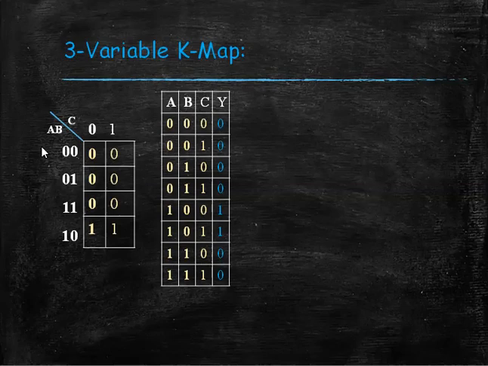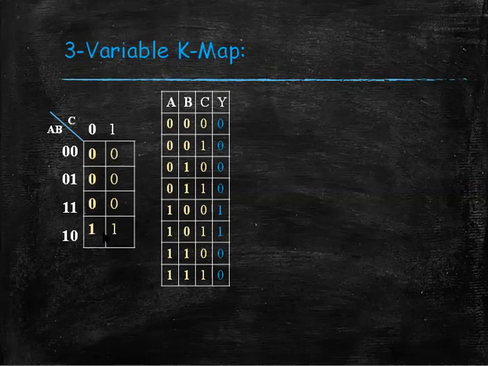The first row is for 0 and 1, the second for 2 and 3, the third row is for 6 and 7, and the last row is for 4 and 5. Then in the truth table, the output is high for 4 and 5.